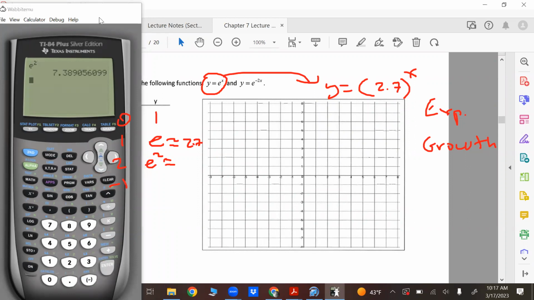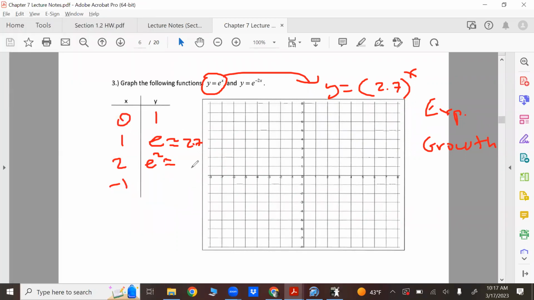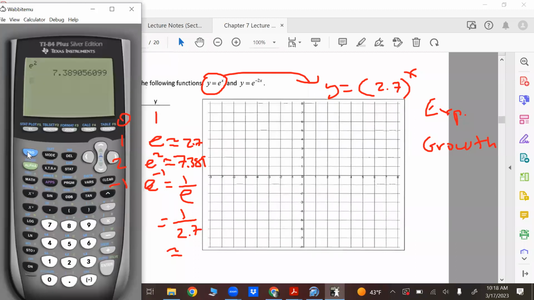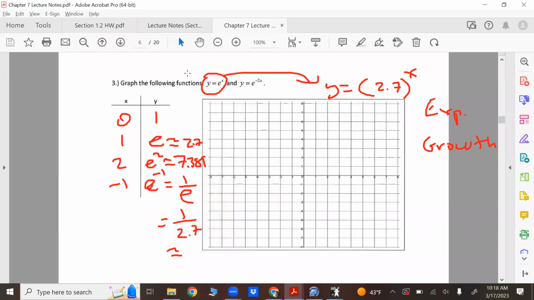That would be 7.389. It's a rough estimate. And then e to -1 is 1 over e, which is 1 over 2.7 roughly, which is 0.368. We won't do e to negative 2 because I think you get the idea of what's happening here.